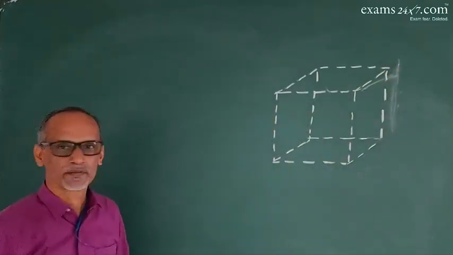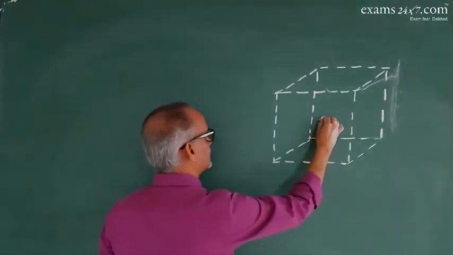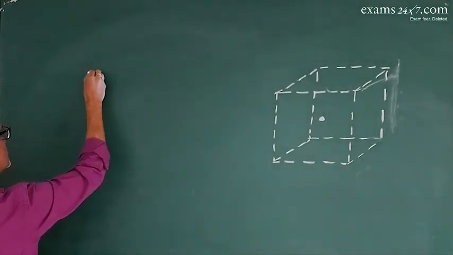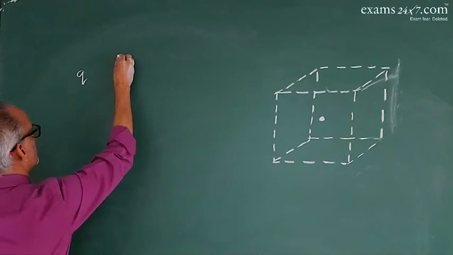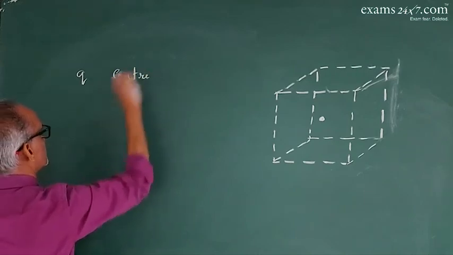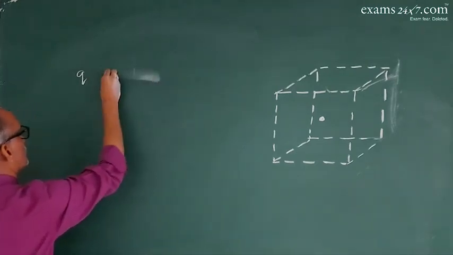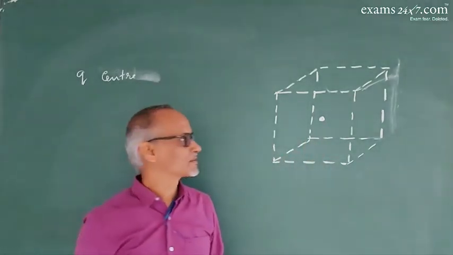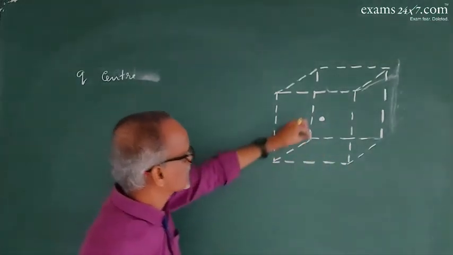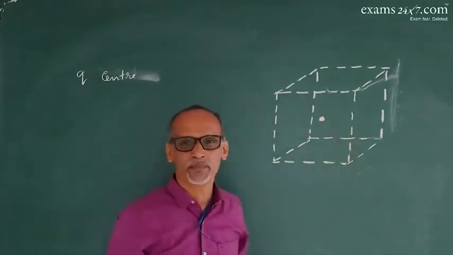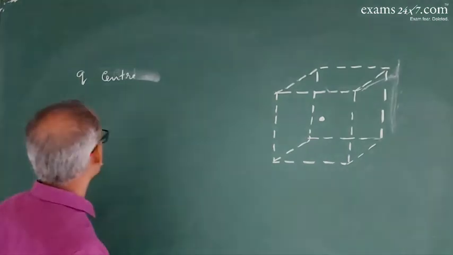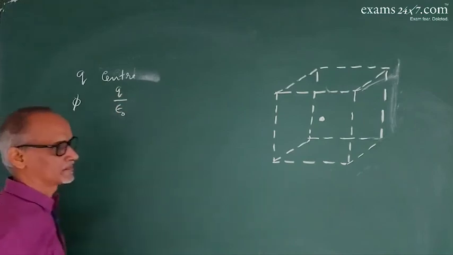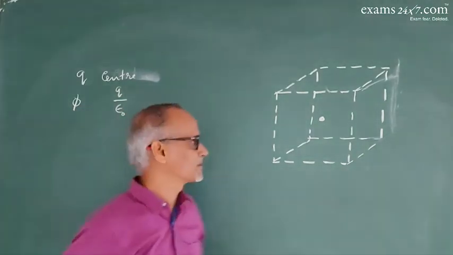If the charge Q is at the center of the cubical surface, then what is the total flux through this entire cubical surface? Since the charge is at the center, the flux through the entire cubical surface is given by the Gauss theorem, which is phi equal to Q by epsilon naught. So that is the total flux through the entire cubical surface.